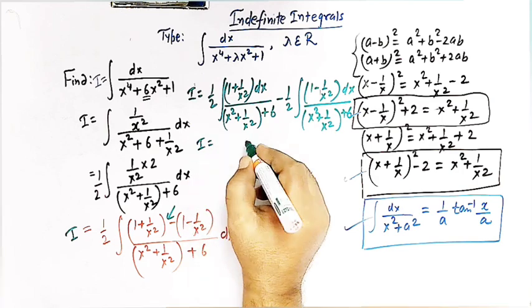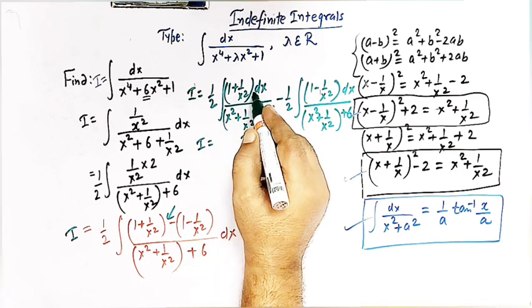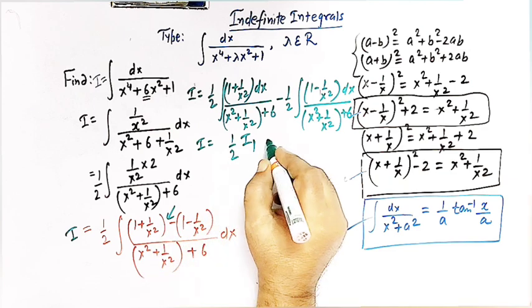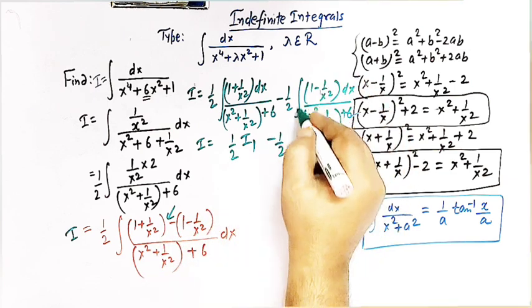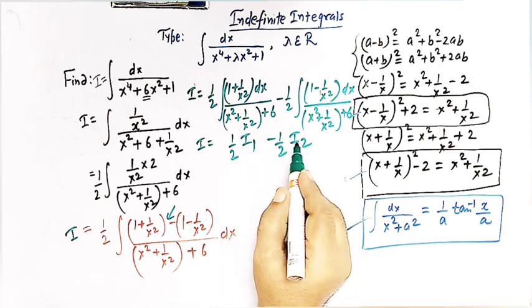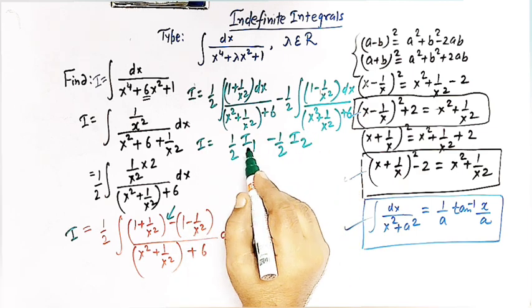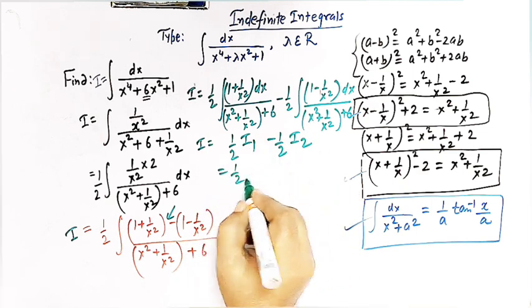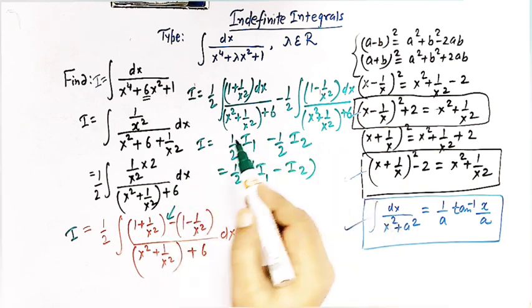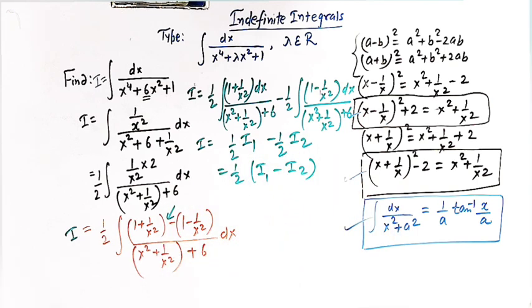So let us now call this integral I1, and this integral I2, and we can now write I is equal to half, then we have I1 minus I2. So let us separately calculate I1 and I2.